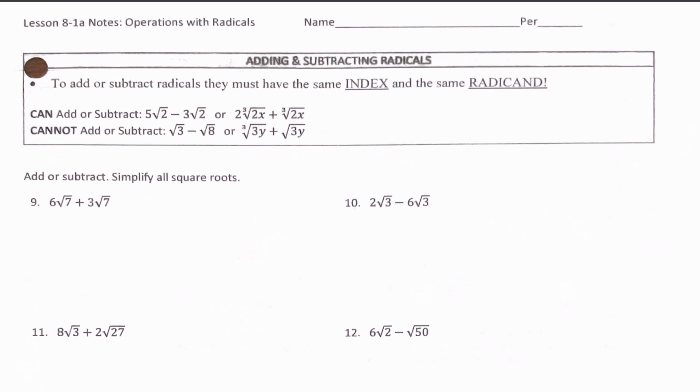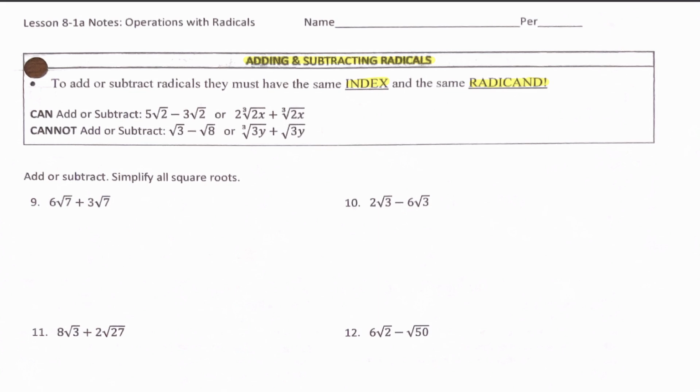Alright, so let's take a look at the back side of the notes for 8-1A. We are going to get into the territory of Algebra 2. We are going to add and subtract radicals. Now, in order to add or subtract radicals, you must have the same index and the same radicand.